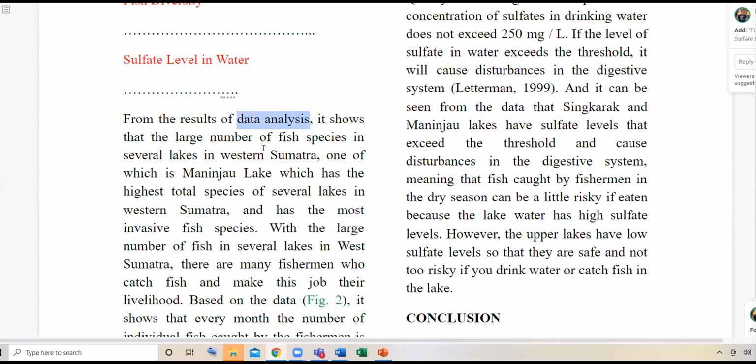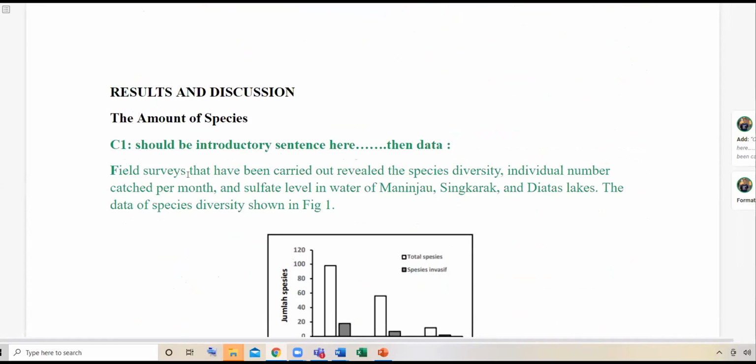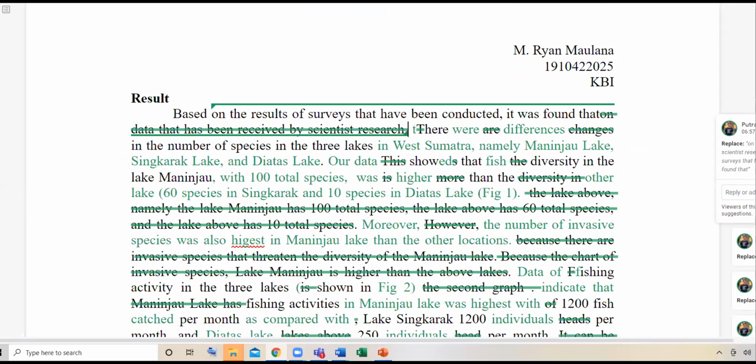Start with a very general, very simple sentence as the introductory part, like I showed here: field surveys that have been carried out, or like the one I put in, based on the results of the surveys that have been conducted. That is an introduction for the readers.